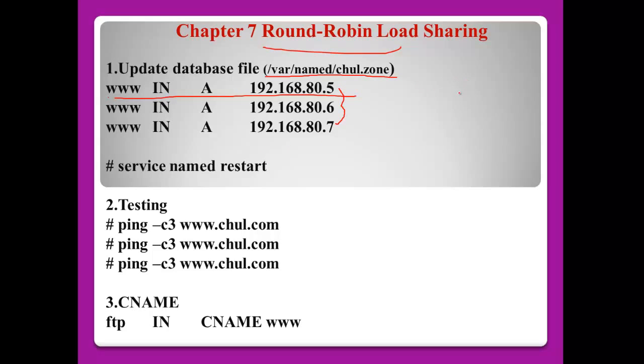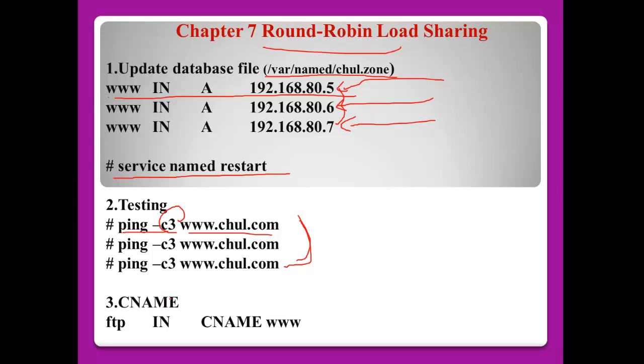So in this case, some users will access this one, and some users 8.6 and some users 8.7. Then your load will be shared using round robin. And after that, service named restart, and test using ping with count number 3, and then this one will show the different IP addresses.